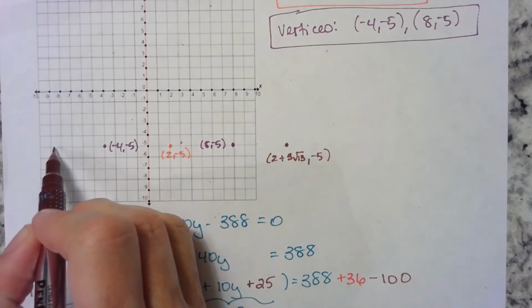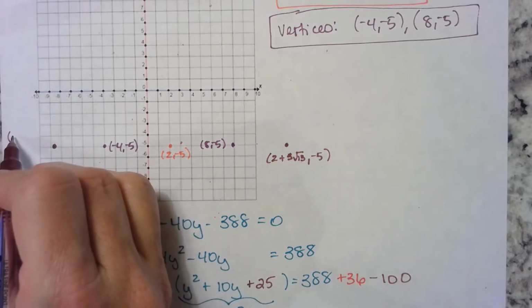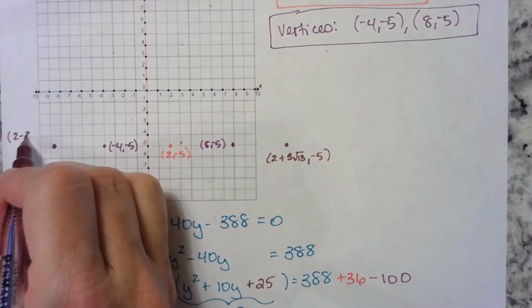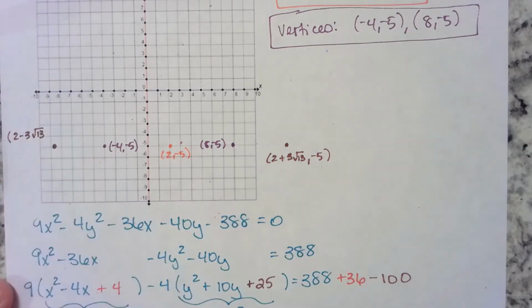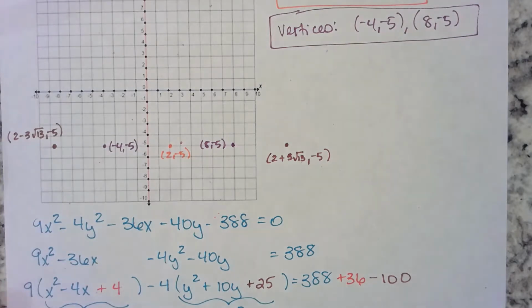So this one is 2 minus 3 square roots of 13, -5. So we have our vertices, we have our center, and we have our foci. Let me write those down.